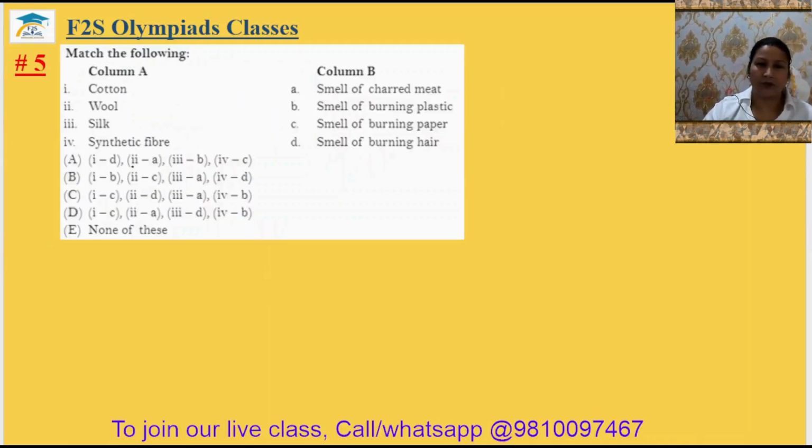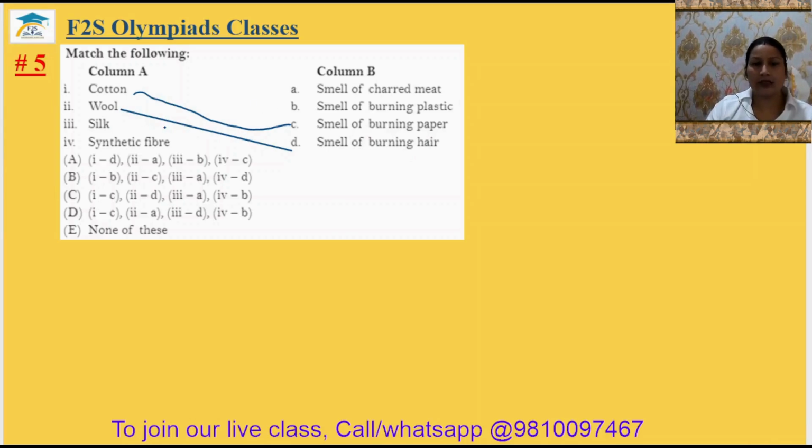Question number 5. Match the following. Cotton: when we burn cotton, it smells like paper, because it is a plant fiber. Wool smells like burning hair. It is made from the hair of sheep, goat or rabbit, so the burning of wool is like burning hair.